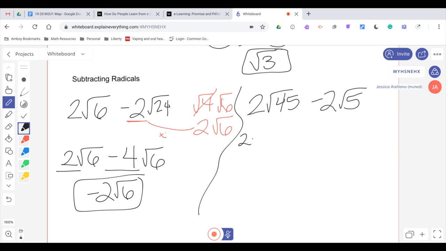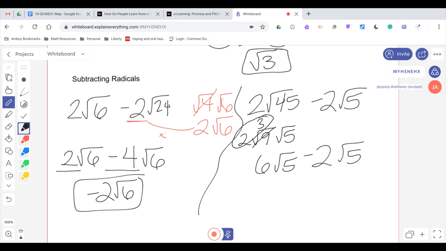So this will be 2 times the square root of 9 times the square root of 5. And a 9 becomes a 3. So I'm going to multiply that 3 and 2 together. So I really have 6 square root 5 minus 2 square root 5. 6 minus 2 will give me 4 square root 5.